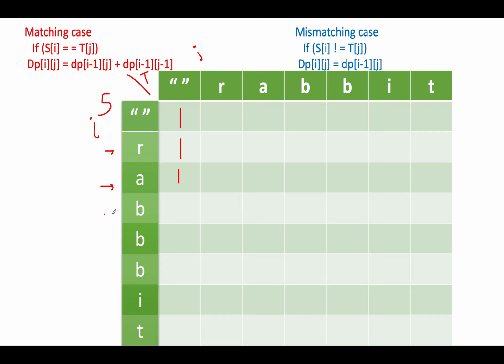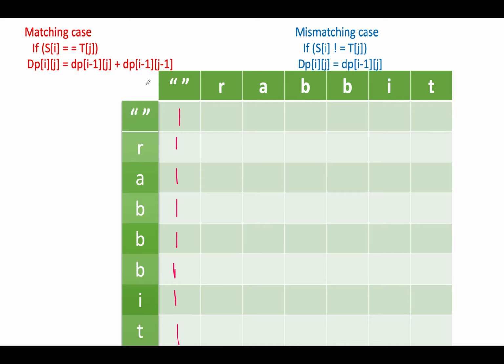So the next case is you consider RAB together and the string t is empty, so that again makes it 1. And for the rest of the cases in this particular column would also hold 1 as the answer, because the input string t that we are searching for in string s is empty. I hope you understood this, and now let's move ahead and progress further with the iteration.